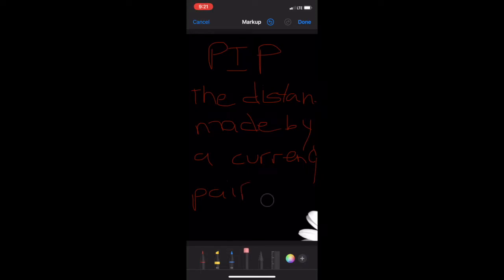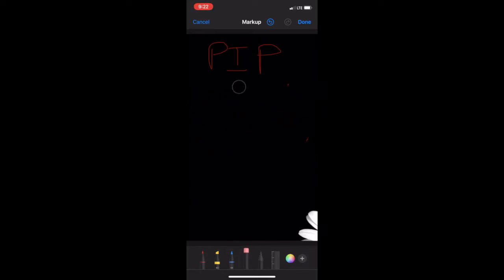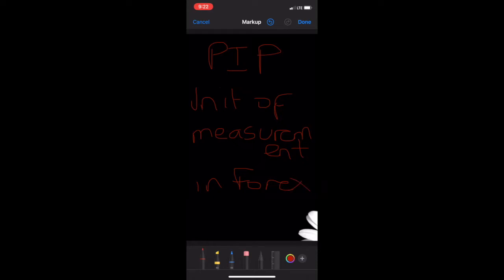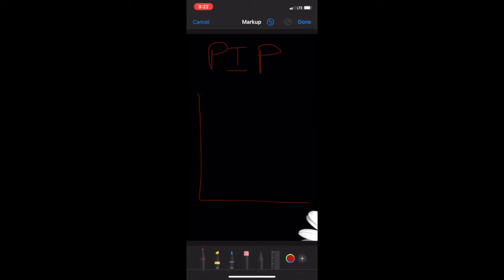And it really helps us measure the distance made by one trade or by one pair. So you will see me write down that it's a unit of measurement, and it also helps us measure the distance made by one pair, and it's again code for point in percentage. So now that we understand what pips are, like any point of measurement, you have a distance.